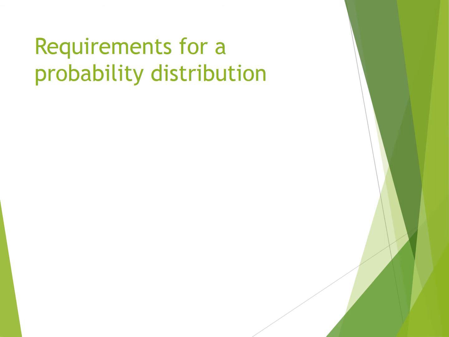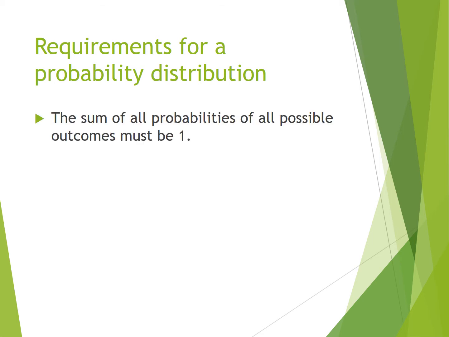All right, so the requirements for a probability distribution are similar to the requirements for just a probability, because a probability distribution does include a probability. That means that the sum of all the probabilities for all the possible outcomes must sum to 1.